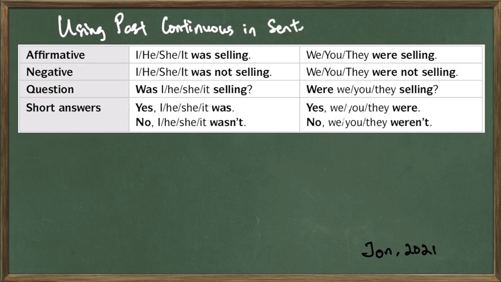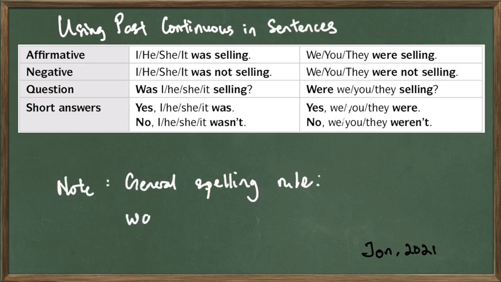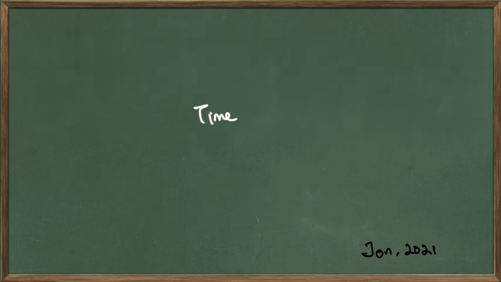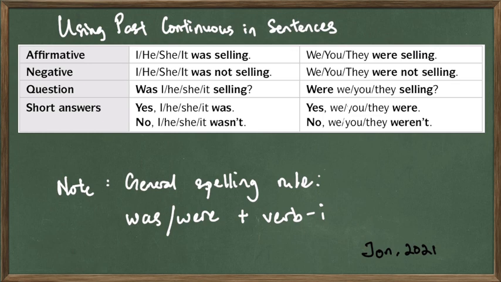Now what I'm showing you on the screen is using the past continuous in sentences. It's just the same as the simple past, you have the four parts. But what you need to see is the difference here.